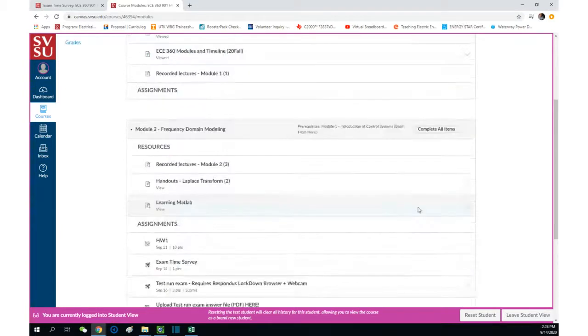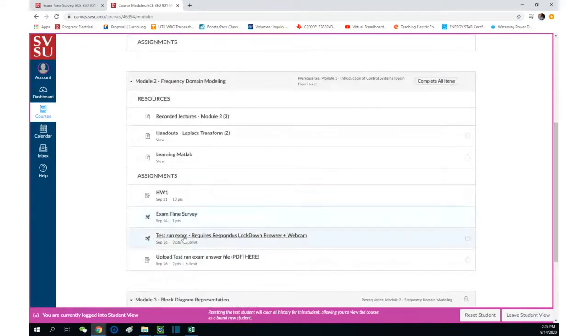Because more importantly, you have a test run exam to conduct. If you miss that one, you miss the opportunity to become familiar with the lockdown browser. Who knows if that's going to be a problem in the exam, right? Did I make myself clear?